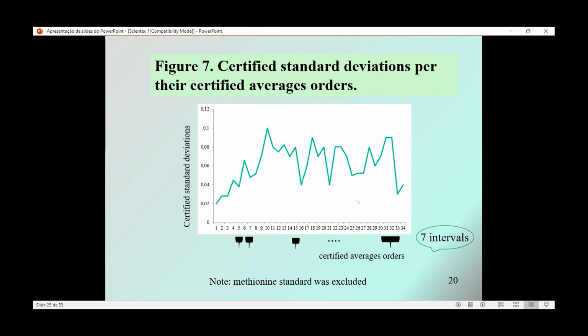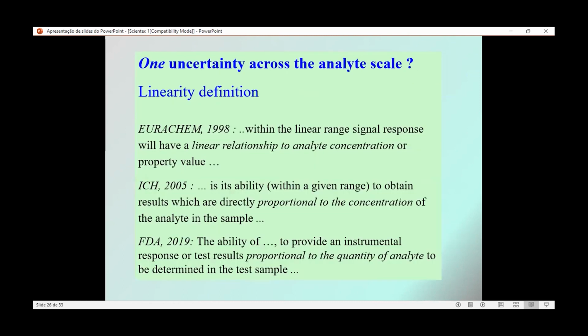How to say what uncertainty I will use in this case? Here we have 30% of the scale for total N. So we ask, is it valid to say that we have one uncertainty across the analyte scale?